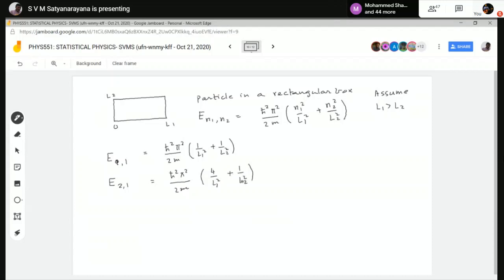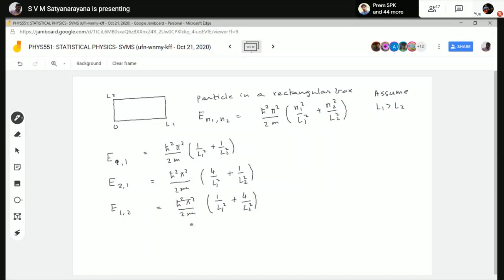This is the first excited state of the system, correct? Then you have (1,2), which is equal to h bar squared pi squared by 2m into 1 by L1 squared plus 4 by L2 squared.